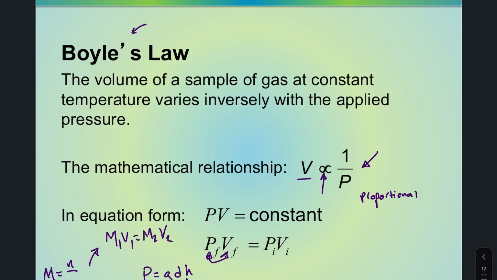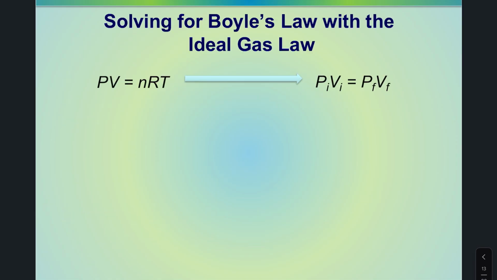I'll even change that to V so that it's clear what it is. We're going to do the same with the ideal gas constant and these values. Also keep in mind, I was raised to write P1V1 equals P2V2. Either way is fine. You can write an I or an F, or I and F, or 1 and 2. I wouldn't mix them up, but that's what you can do.